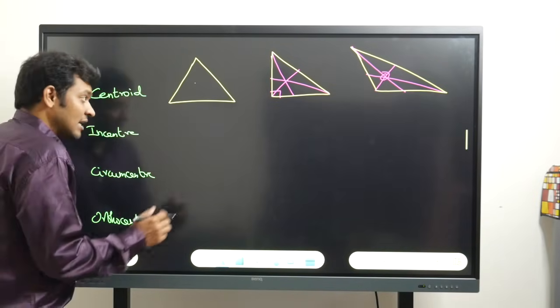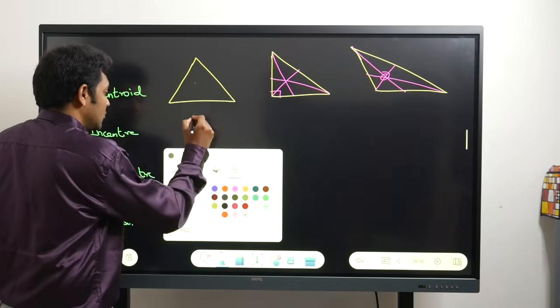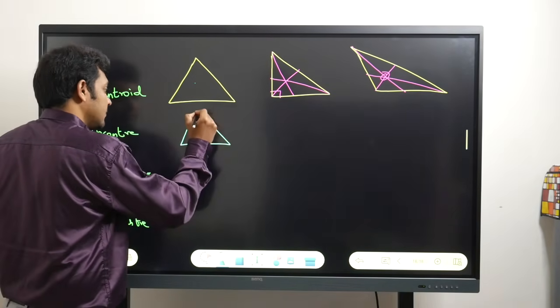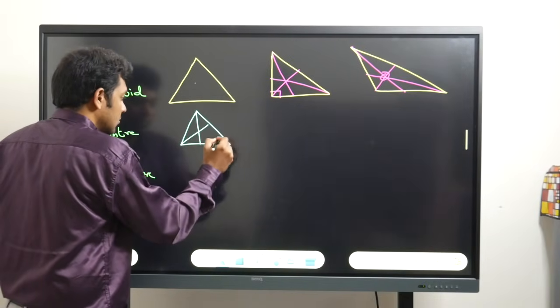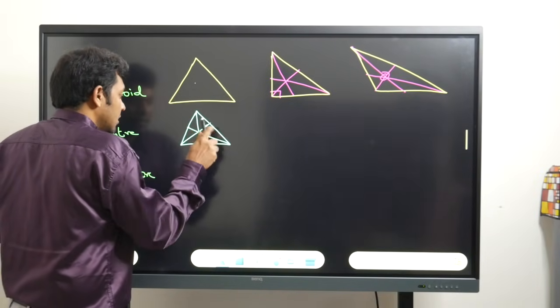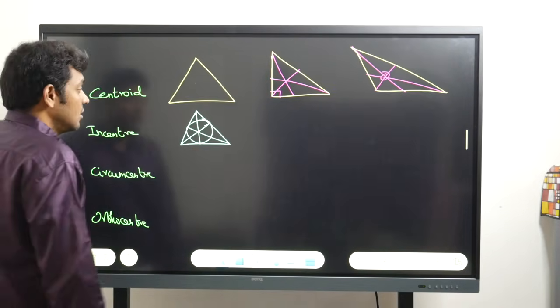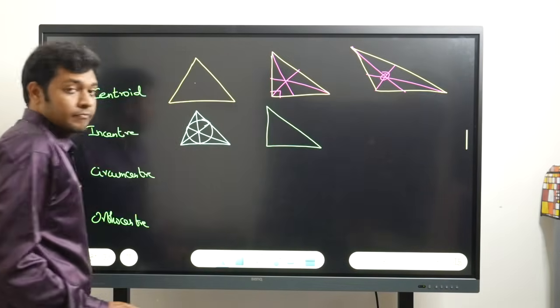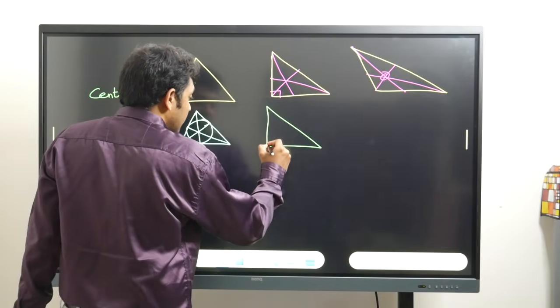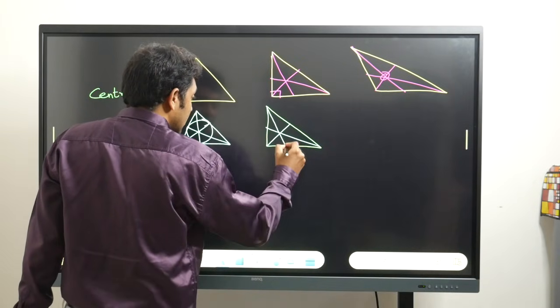My incentre, again, since I have drawn an incircle, is inside for any triangle. So let me have an acute angle triangle. The angle bisectors have to be inside. With this center, we'll draw a circle. The circle is the incircle. For a right angle triangle, still my angle bisectors should be inside.